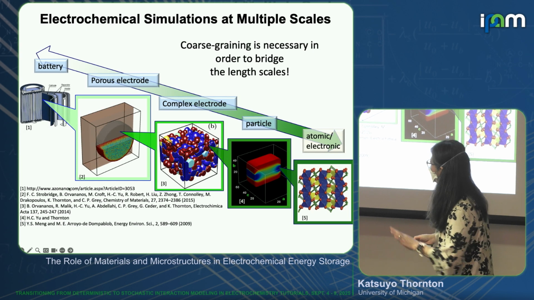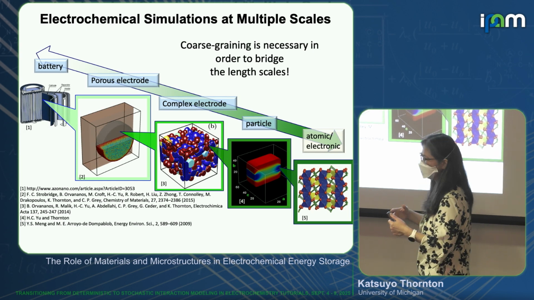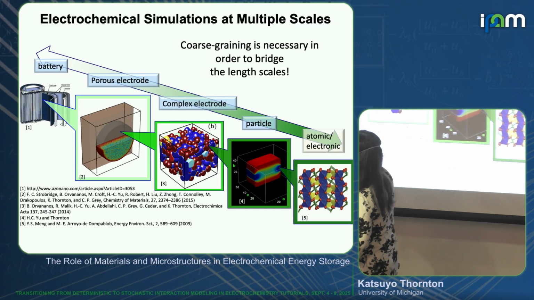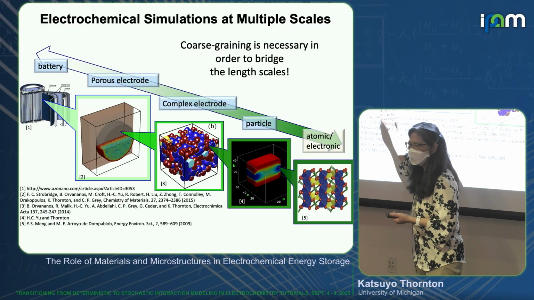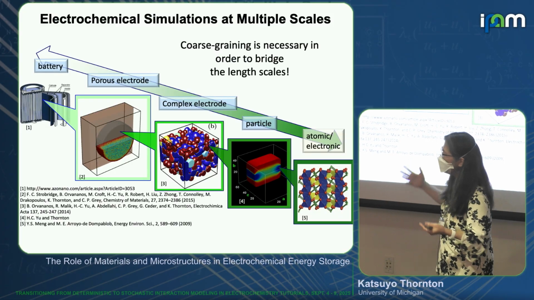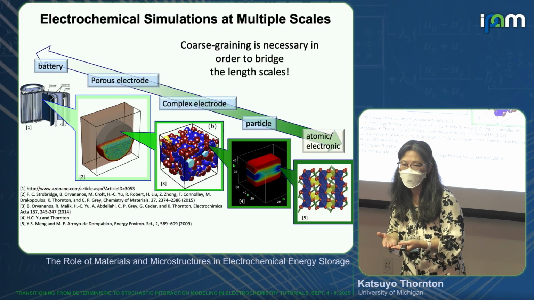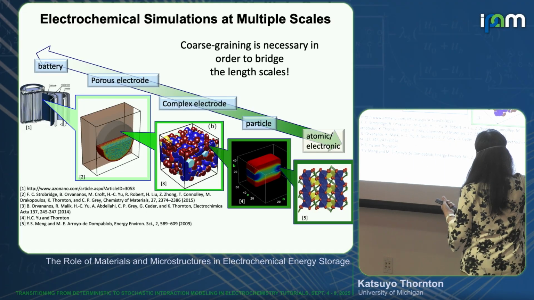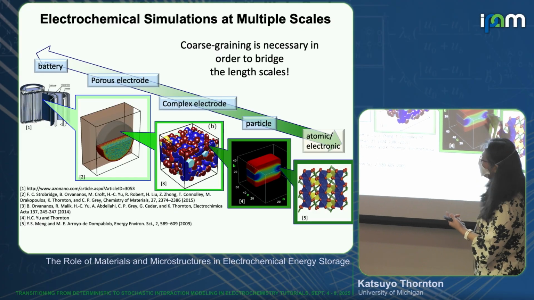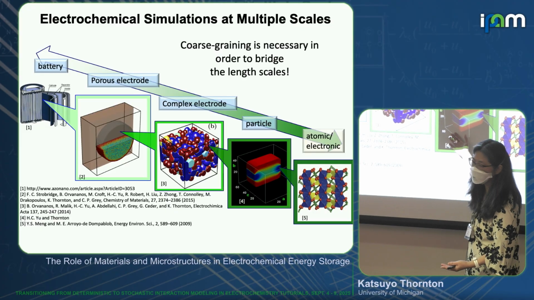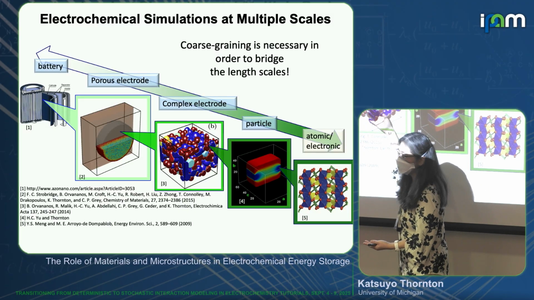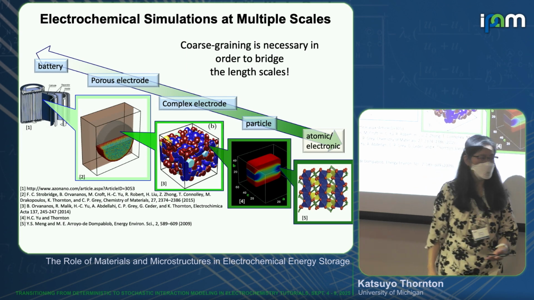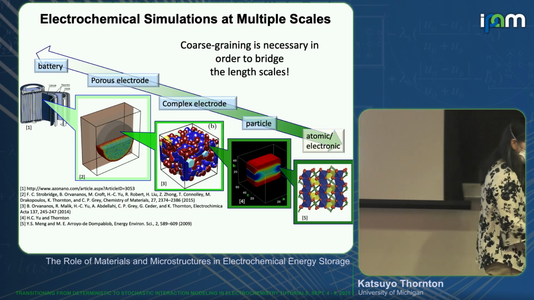Eventually, at least at a cell scale, maybe not the actual battery, but at least a lab scale cell. So just like atomic scale calculations can inform, we have to come up with how this particle level simulation can inform larger scale simulations.